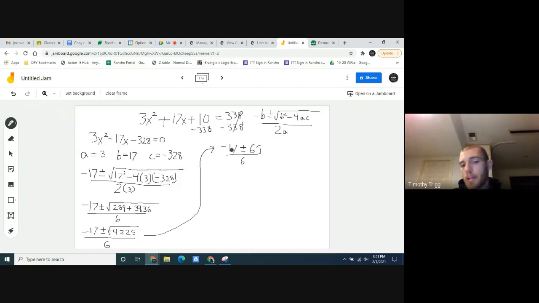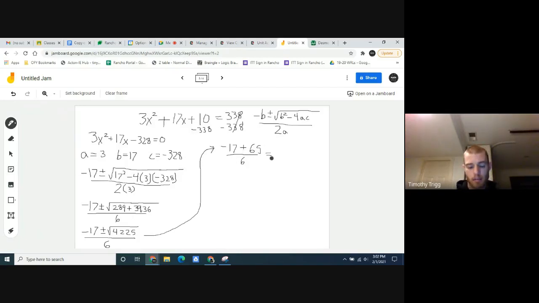Now this is going to give you a positive answer and also a negative answer. But remember what we're finding: the length of the tomato patch. Can the length of a tomato patch be negative? Well, no, that doesn't make sense. So we're only going to be concerned with the positive answer we get here.